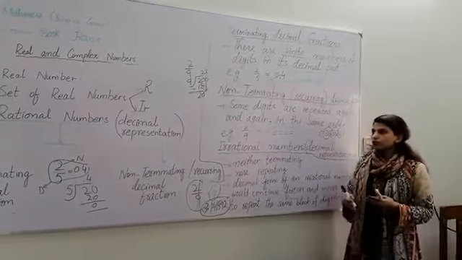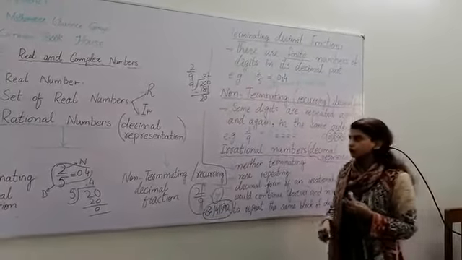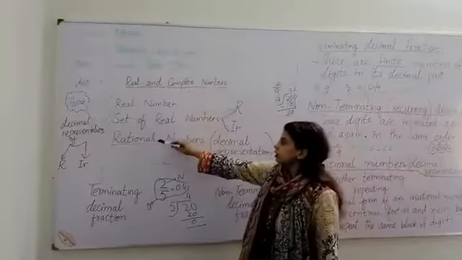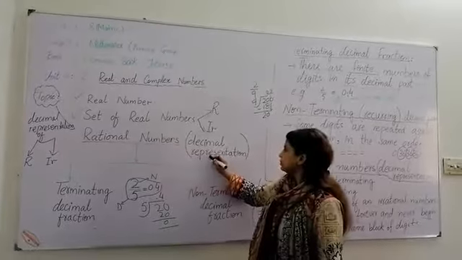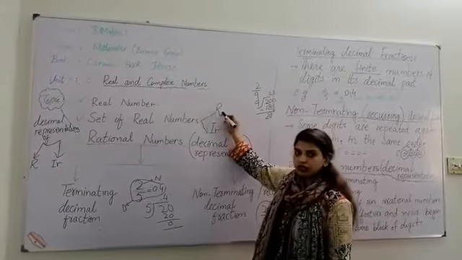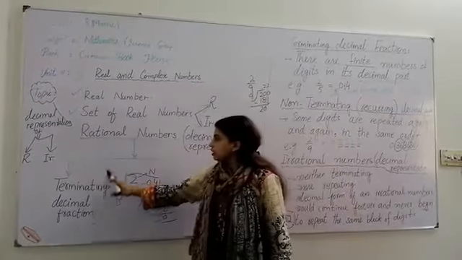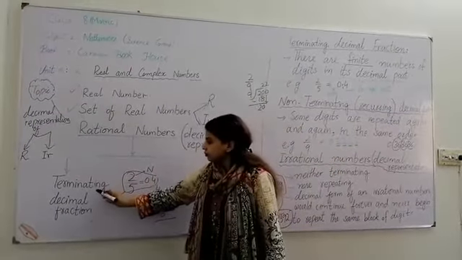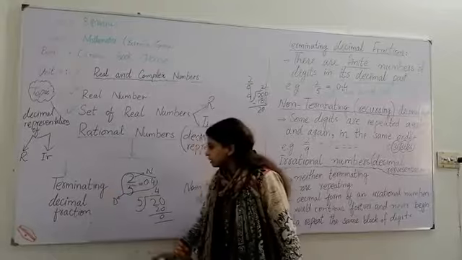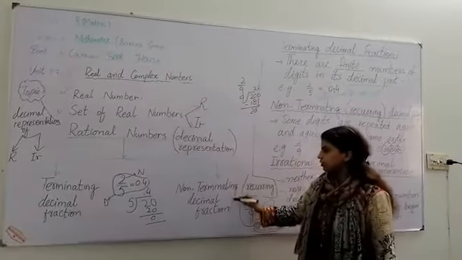This is all about today's discussion. Let me summarize it for you. We have discussed the decimal representation of rational numbers in terminating form and in non-terminating form.